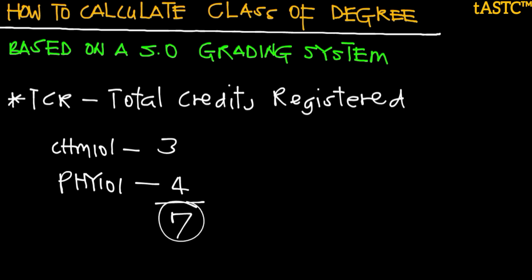And this is what is called the total credits registered, because here I know that I registered this course and this course with their individual credit loads. So the total credits registered is represented as TCR. So the TCR is going to be equal to 7. You really need to hold this at the back because we're going to use it as we go further.